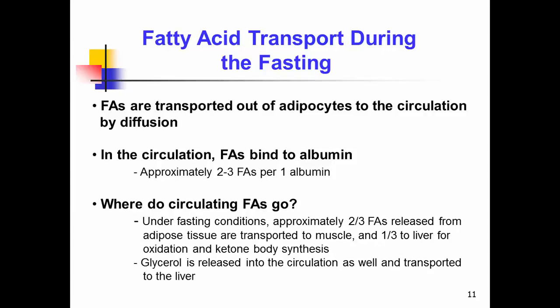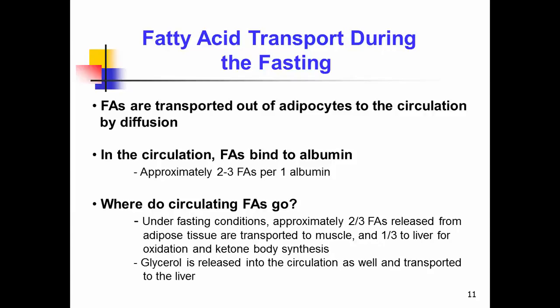In terms of the destination of the fatty acids once released from fat tissue, two thirds are transported to muscle. Muscle is really the most important tissue that picks up fatty acids and utilizes them as energy.